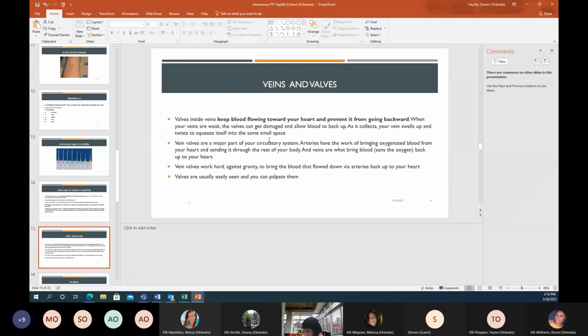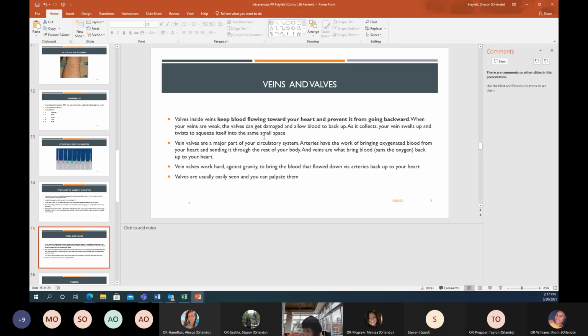Okay. Veins and valves. We have veins, and in the veins we have valves, and it's important that you know that. Valves are inside the veins, and they keep the blood flowing toward your heart and prevent it from going backwards. That's the backflow, we call it. When your veins are weak, the valves get damaged and allow blood to back up.